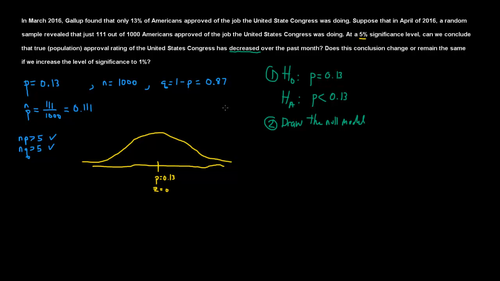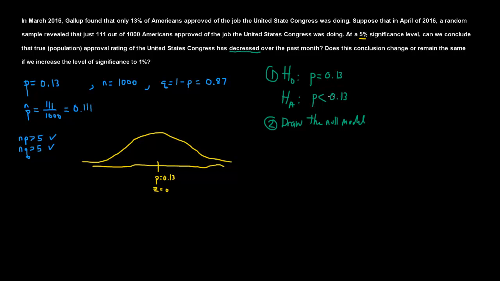Okay, now I guess we need to determine what type of test we're doing. And that is a function of our alternative hypothesis. We're concerned if the population approval rating has decreased. So that would mean we're looking to see if P is less than what was previously known to be.